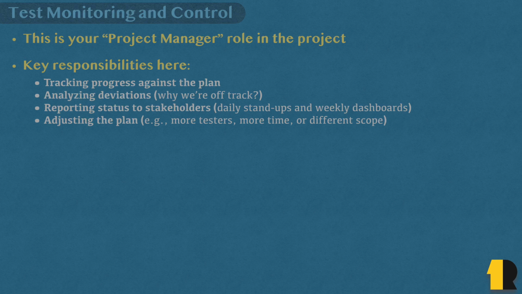Report these tracking results to anyone who's interested in the test process in the form of stand-up meetings or weekly reports. And lastly, and most importantly at the same time, take the required decisions that will put things back on the right track. For instance, increasing the test budget if you found that it was originally underestimated, or adding a new tester to the team if you notice things are moving slower than expected.